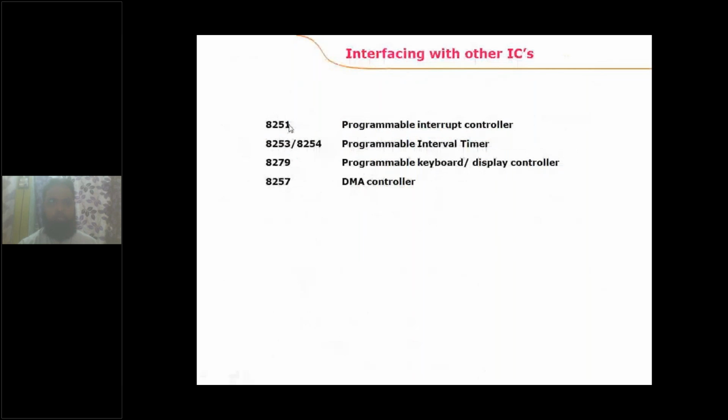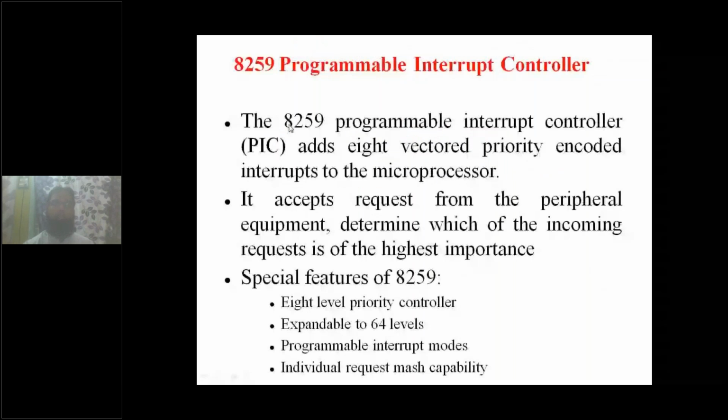8251 is USART. 8259 is the programmable interrupt controller, and this programmable interrupt controller can handle the interrupts generated by the IO devices. Each interrupt controller can handle only 8 different interrupt signals. These are the interrupt signals, nothing but request signals from the IO device to get the service of the processor.